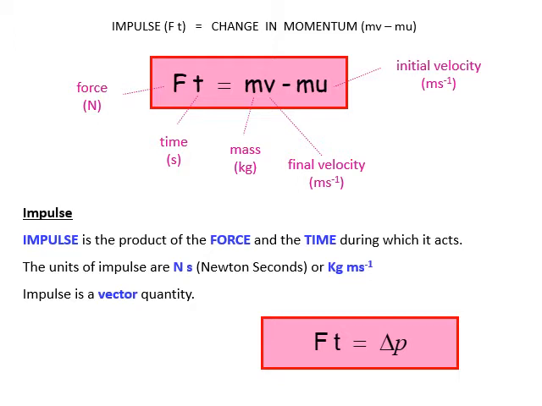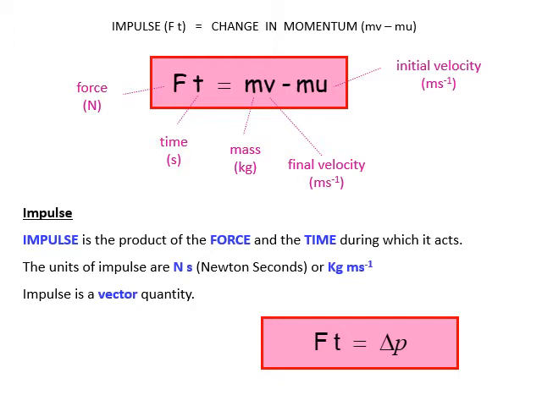So impulse, or force times time, is equal to change in momentum. So we have two possible units for impulse, one being force times time, so newton seconds, and the other one being change in momentum, momentum being mass times velocity, so kilograms meter per second.